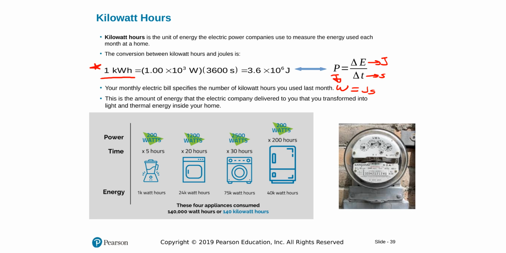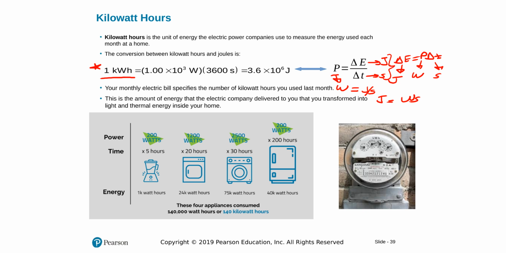Kilowatt hour is when we calculate the energy from here: delta E will be equal to power times delta T. So the unit is joule, and power has a unit of watt, time is second. So joule is equal to watt times second. This is actually joules per second, sorry about that.